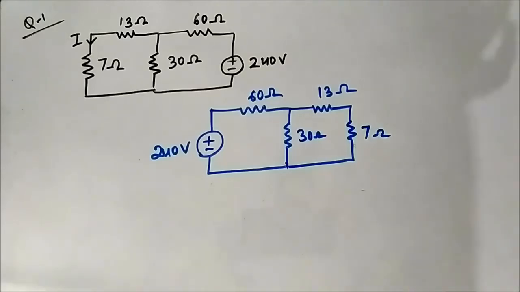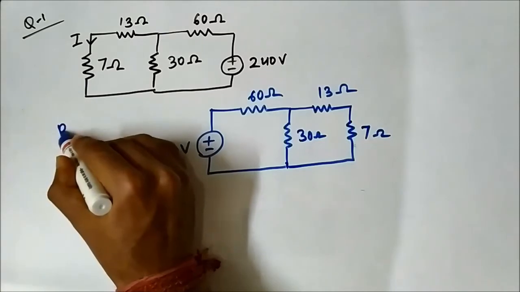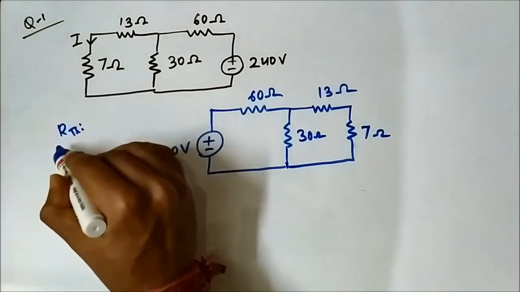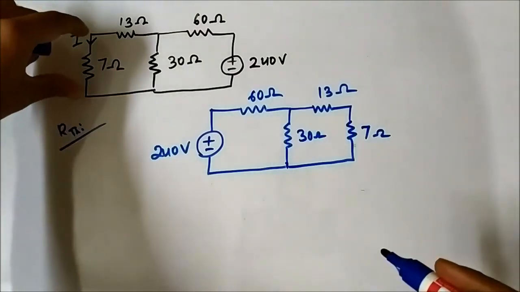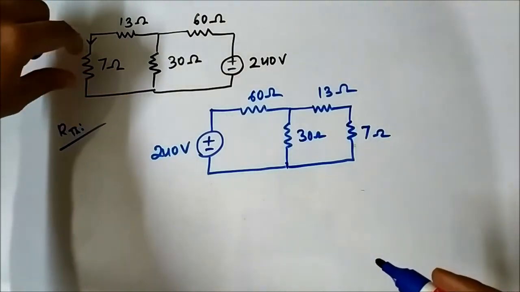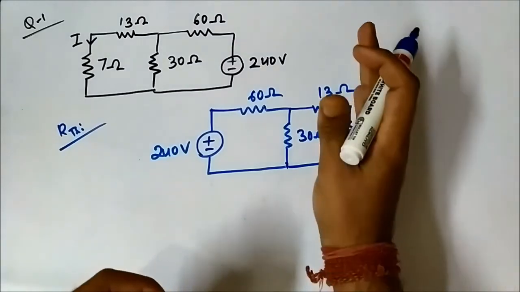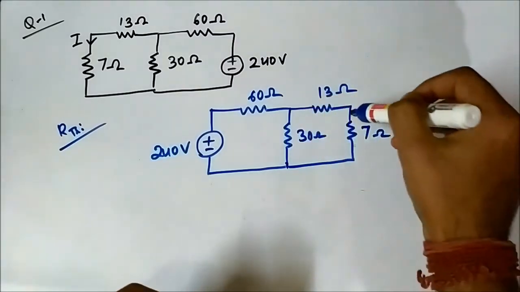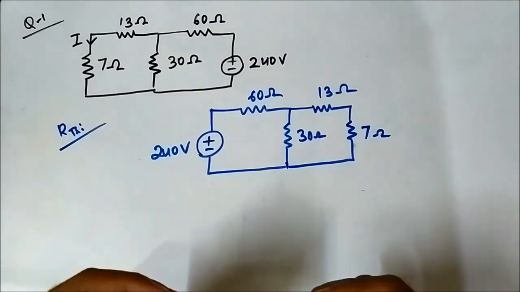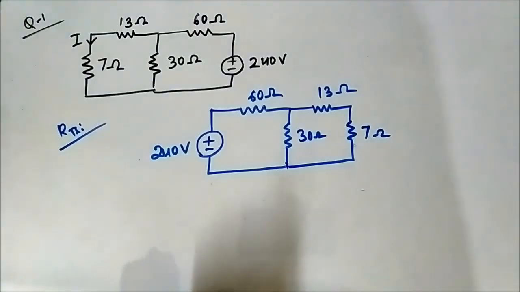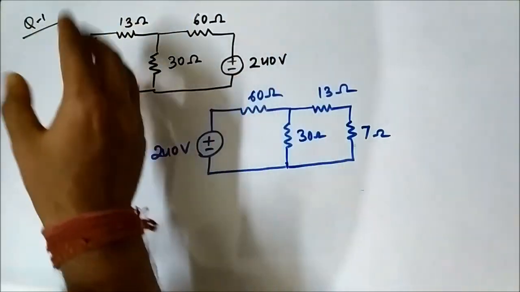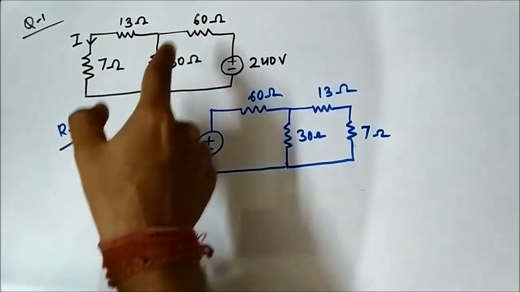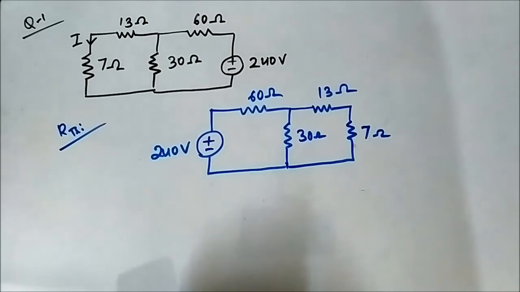Now in the second step, we have to determine the Thevenin equivalent resistance. Here our target is the 7 ohm resistor, the two points connecting the 7 ohm resistor. We have to determine the Thevenin equivalent resistance of the remaining network, that is 13 ohm, 30 ohm, 60 ohm and 240 volt.